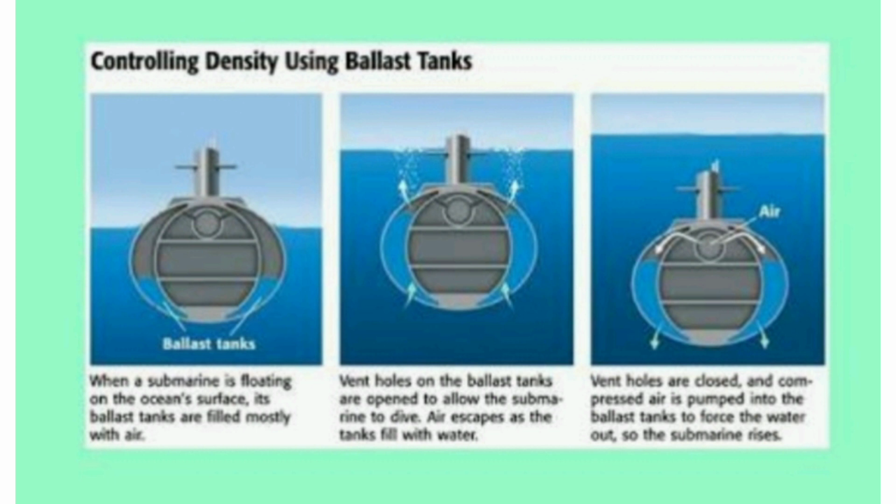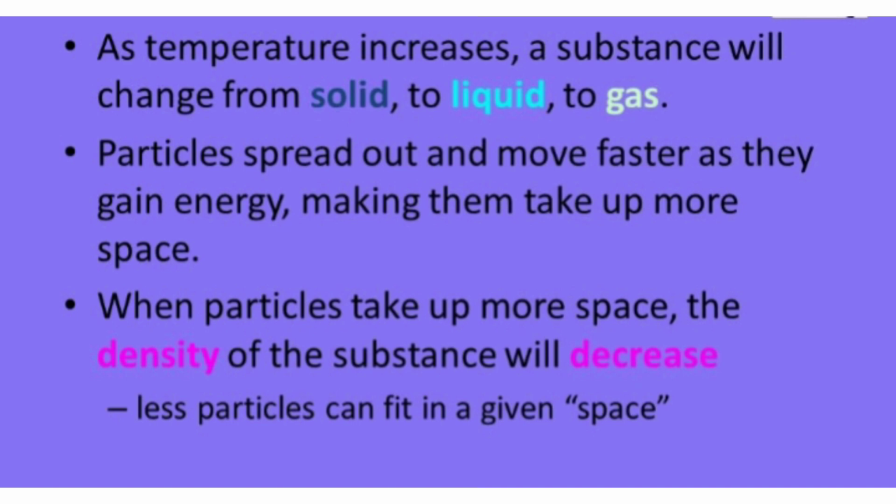Next one is variation in the densities of liquids and gases. As temperature increases, the volume of a substance increases, so its density decreases. In solids, the molecules are tightly packed.